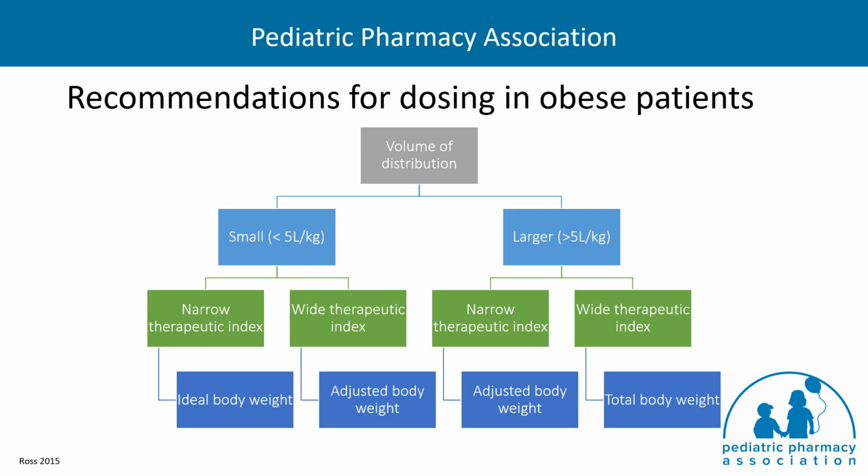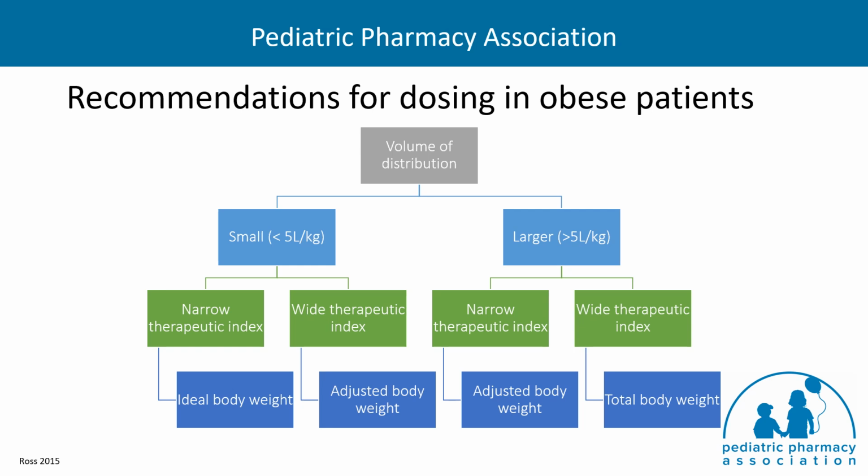So keep in mind that this adjusted body weight formula can actually vary a little bit depending upon what the available data is and what the drug properties are. Sometimes the adjusted body weight will be 40% of the difference between the total and the lean. Sometimes it will be 20%. If no available data is around, then it's customary to use the 25% difference.